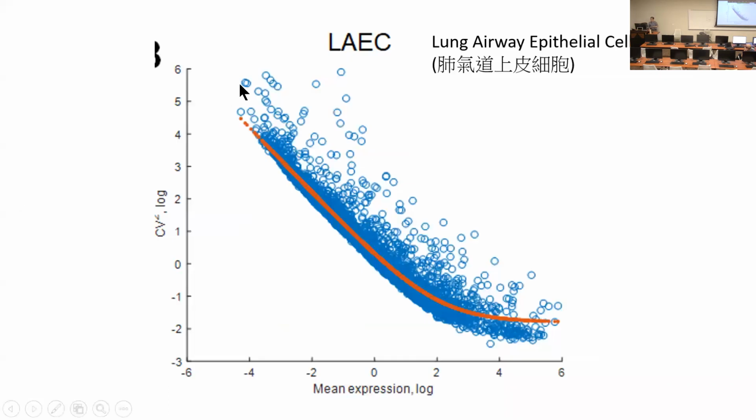Okay, so this is from a lung epithelium cell, and this shape. In this case, the fitting is much better. We select the genes which are far away from the expectation, and most of the highly variable genes are there.